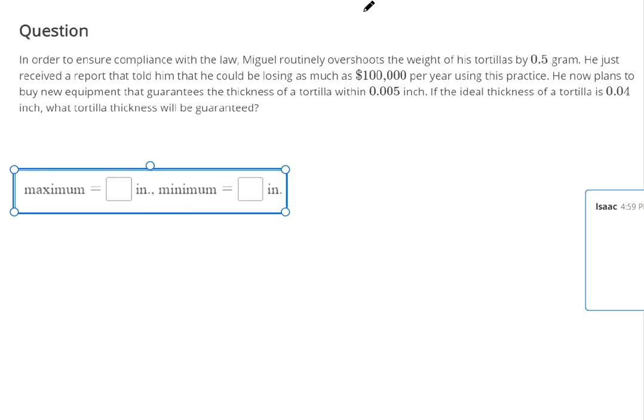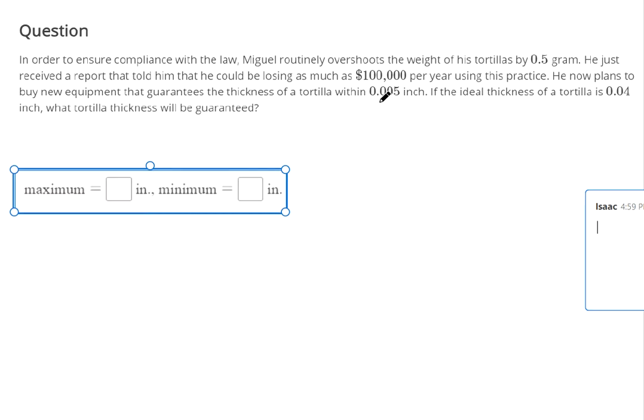Okay, so we're supposed to find the maximum and the minimum inches for the tortilla. So there's some extra information in here, 0.5 grams, that's great, $100,000. But if you read through this problem, they're just talking about the inches of the tortilla. The equipment tells us that the guaranteed thickness of a tortilla is within 0.005 inches.